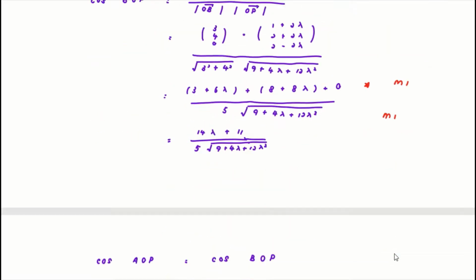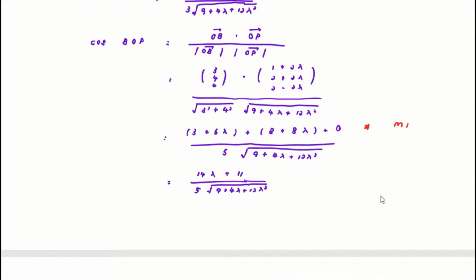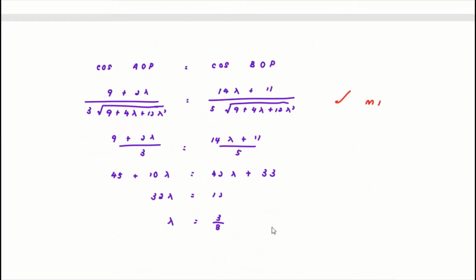So you can try to note that your M1 is for if you use that equation. If you successfully apply everything here, you can get your M1. So that's 1, 2, 3, and your last answer here is A1.